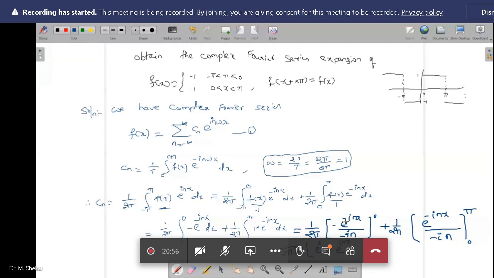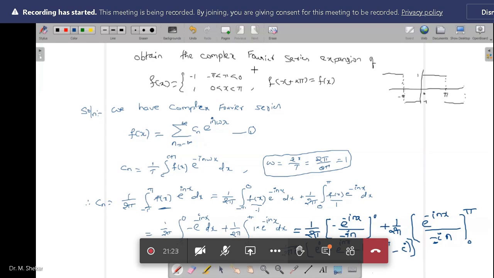Here minus pi and the minus becomes plus. Next, this sign is negative because we have a negative here, so this becomes minus of the upper limit e to the power minus i n pi, and minus the lower limit gives e power 0. After simplification, I'll write in the next slide.